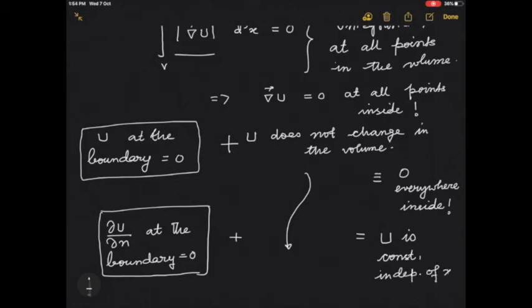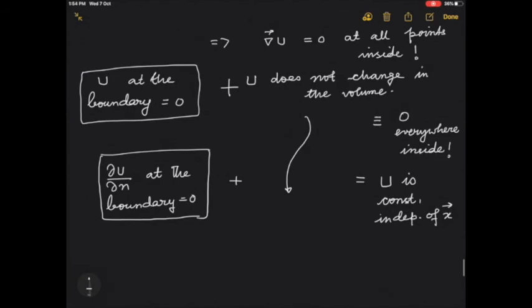Constant means independent of x. So in this case, phi 2 as a function of x can be written as phi 1 as a function of x plus some constant.